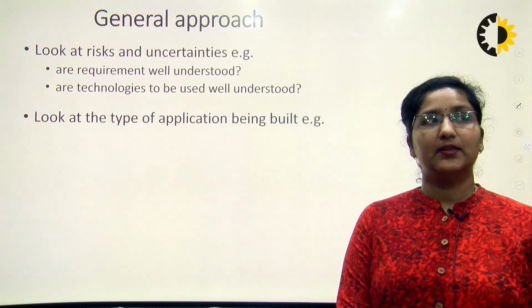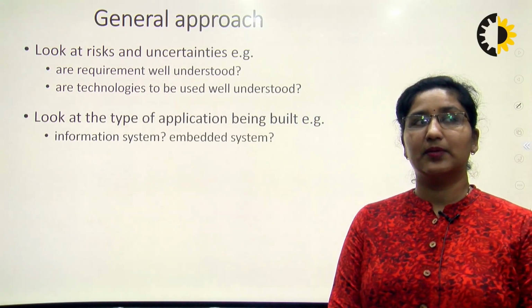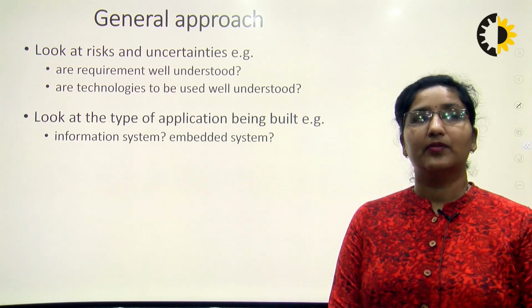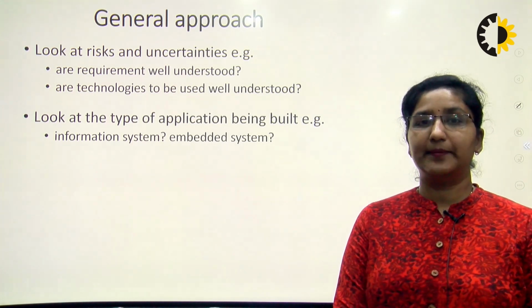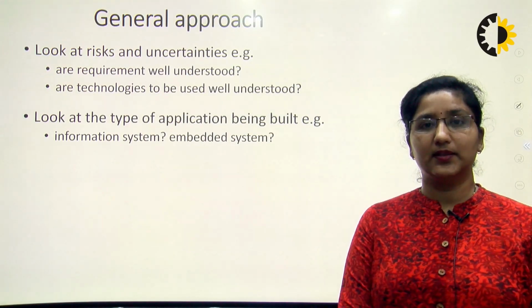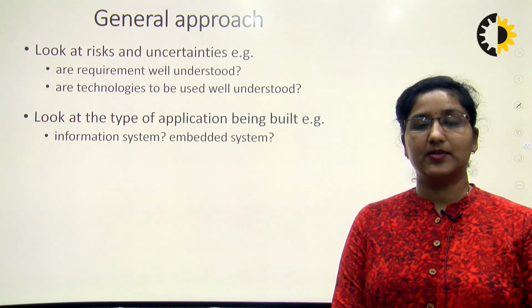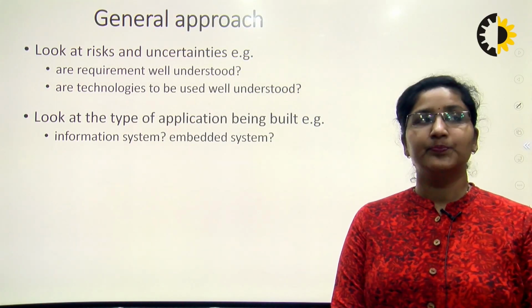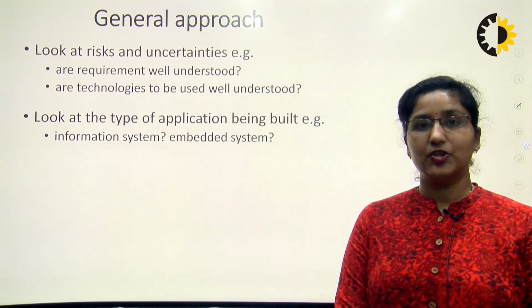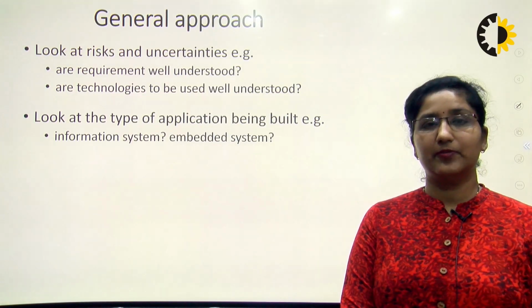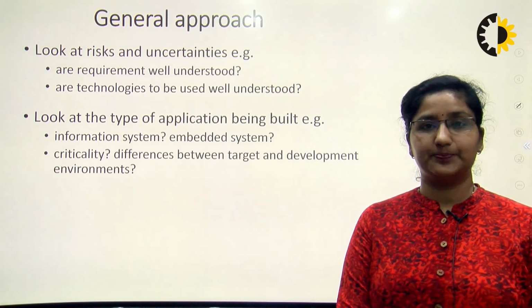Now, let's see the type of the application which is being built. For example, whether it is an information system or an embedded system. This we had discussed in earlier lectures as well. What is an information system and an embedded system? So we need to identify whether the application which is to be built is an information system or an embedded system.